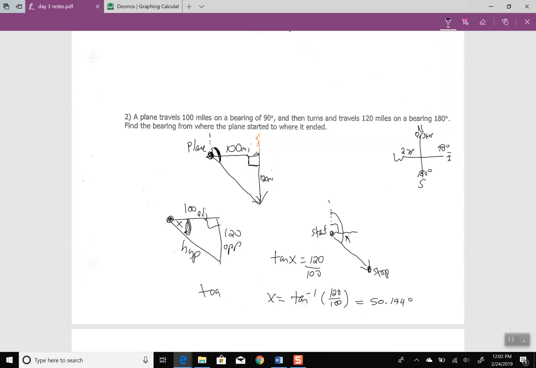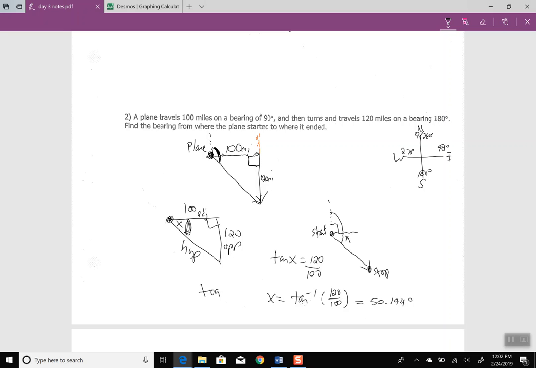So again, this is not my final answer, because saying you travel on a bearing of 50 degrees would mean I would be going in somewhere like this direction, which is not what the plane did. So I have to realize that I went 90 degrees to start, and then I went down some.